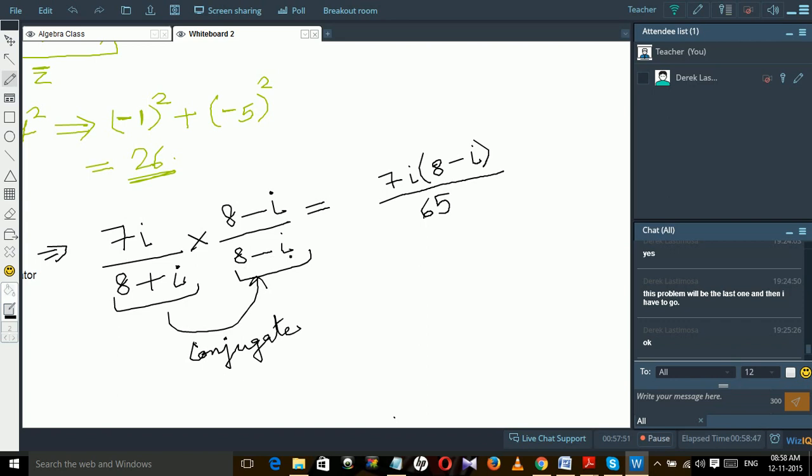what can I write? Any guess? Suppose I want to save some time, can I write 65? You know 8 squared is 64 plus 1 squared, only the real parts.